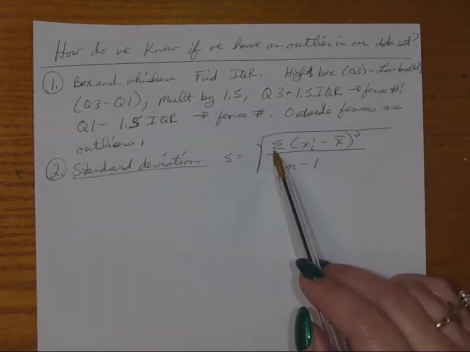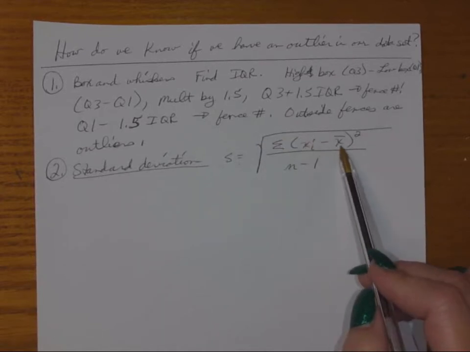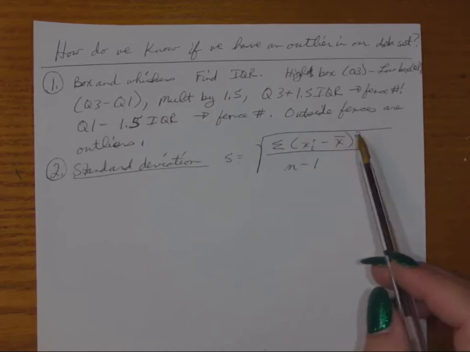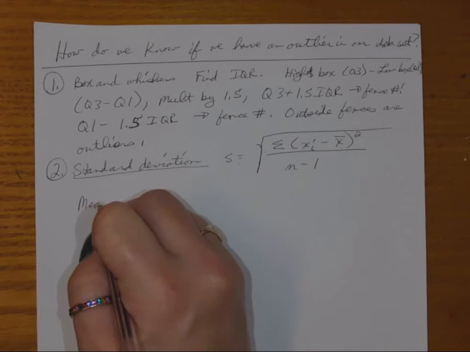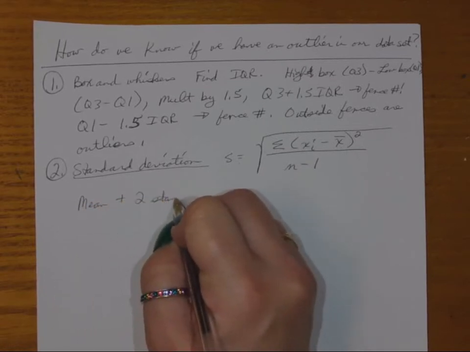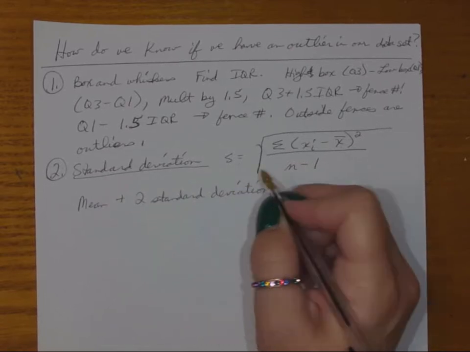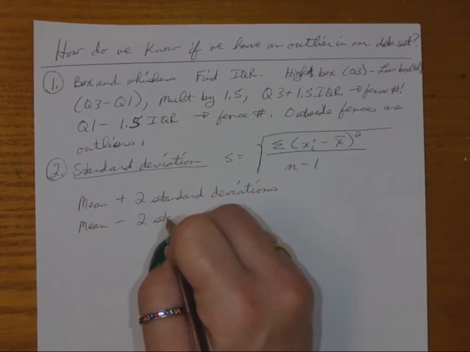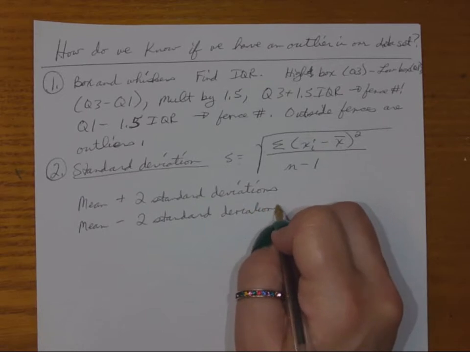So standard deviation is the square root of the sum of all my individual data points minus the mean, find that difference and square it, and then add all those squared differences up, divide by n minus 1. That's the formula that we did. And so what we said was the mean plus 2 standard deviations, inside of there, we're okay, and the mean minus 2 standard deviations, inside of there, we're okay.